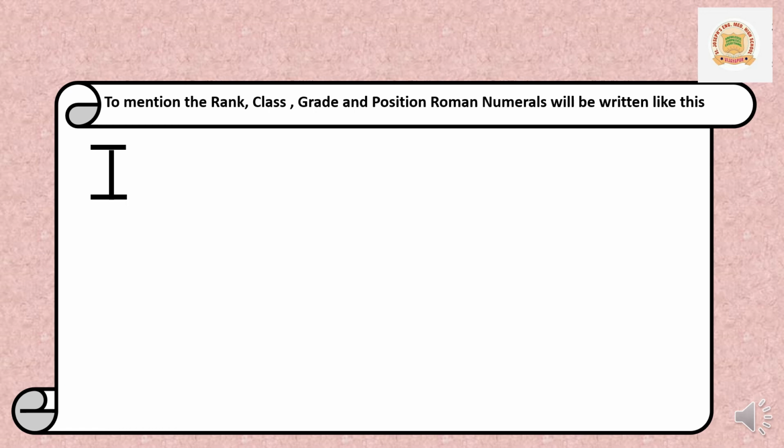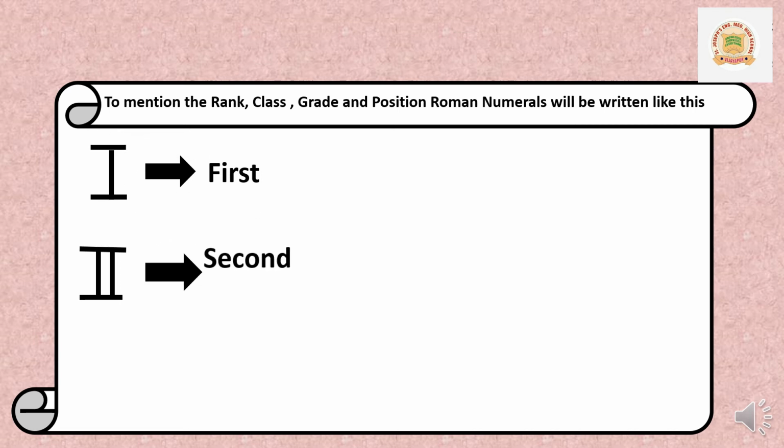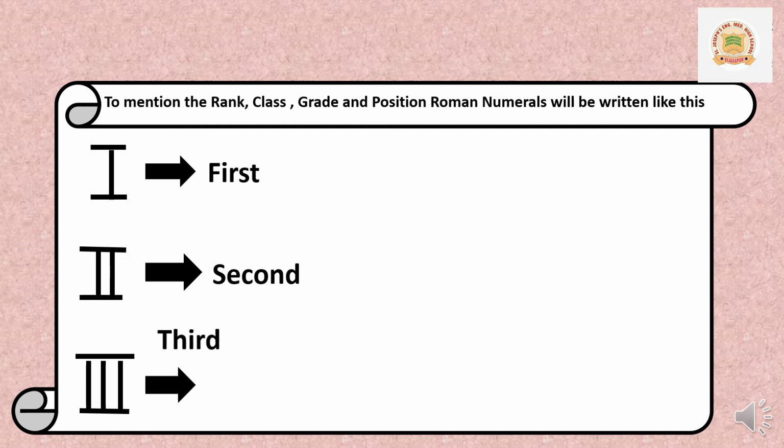If you don't give the upper and lower line, it will be read as 1, which was written already in the 1 to 100. This informs first. Next, this informs second. Second class, second position. So how to read this? This will be read as third.